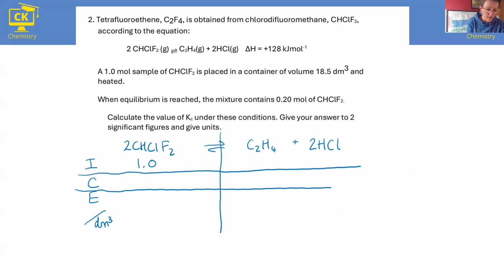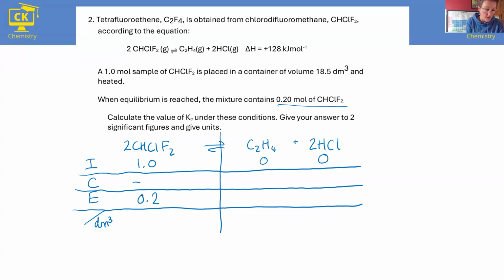And then this is going to be my change. So I have no moles of that at the start. Don't always assume that. Sometimes you do. 0.2 moles of CHClF2 is the thing I've got left at equilibrium. So that has gone down by 0.8.